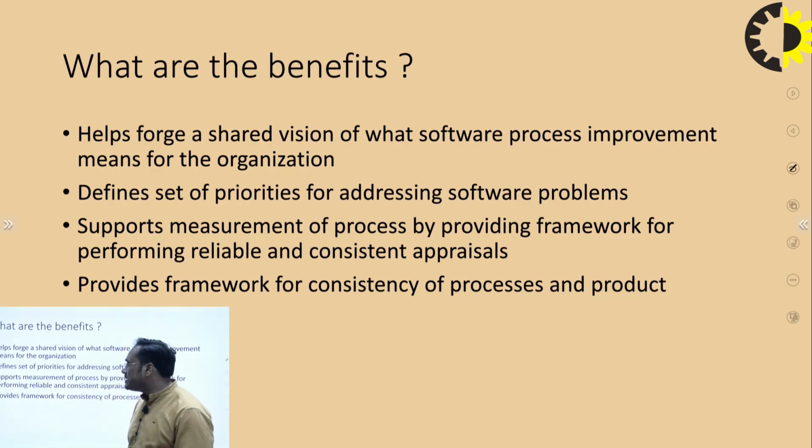Now the second point is to define a set of priorities for addressing software problems. So whatever problems are there in your software, you can give them priority and find out the solution. Third point, it supports measurement of the process by providing a framework for performance, reliable and consistent appraisal.